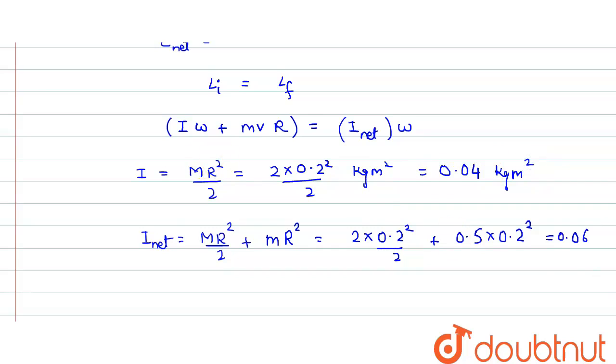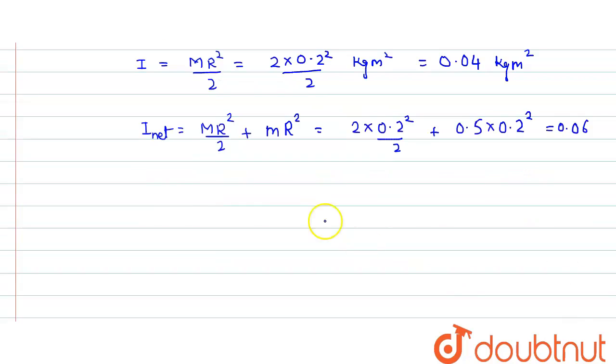Now we can put every value into the expression. I is 0.04, initial angular velocity was 3, plus m v r: mass is 0.5, velocity is 5, distance is 0.2. This is equal to I net into final omega, and I net is 0.06.